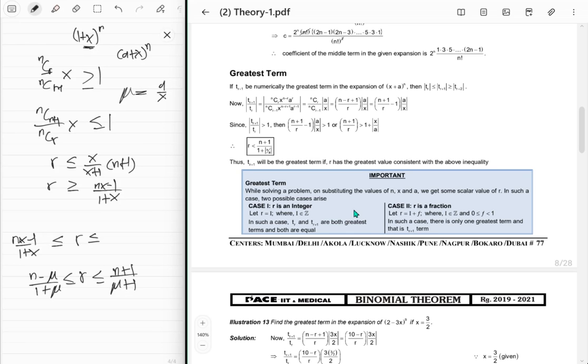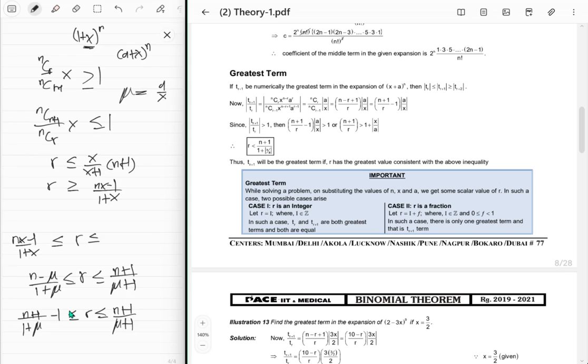Now let's think about it. You can write this thing as well, minus 1 and plus 1, so it's going to be what? Actually, you can write this as n plus 1 upon 1 plus mu, and then minus 1 is not equal to r is not equal to n plus 1 upon mu plus 1, right?